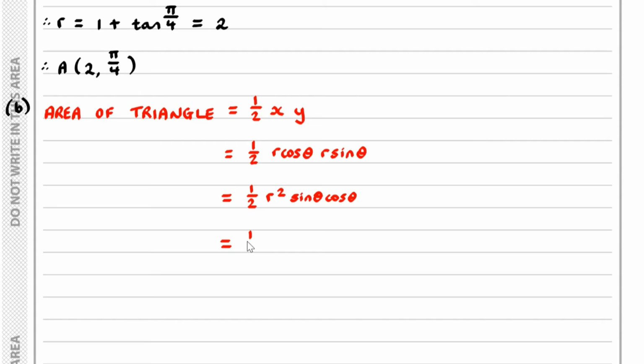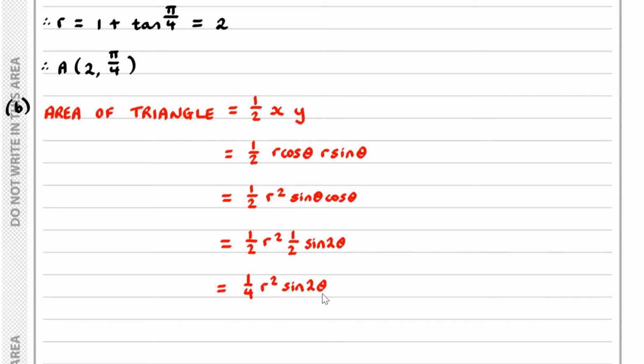So we've got 1/2 r squared times by 1/2 sine 2 theta, and it turns out we would get 1/4 r squared sine 2 theta. So that's what the area of the triangle is equal to.